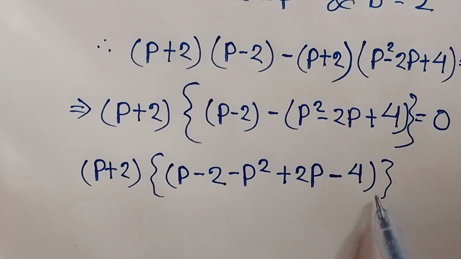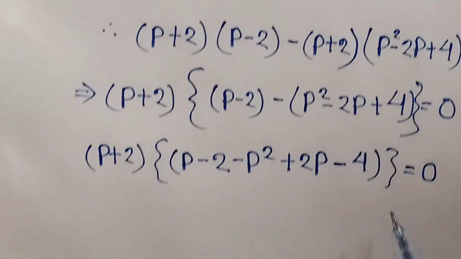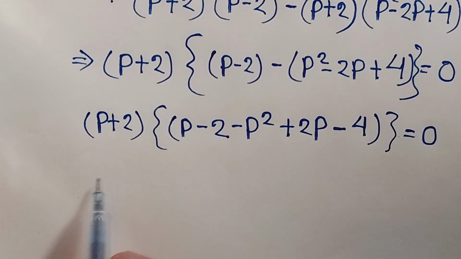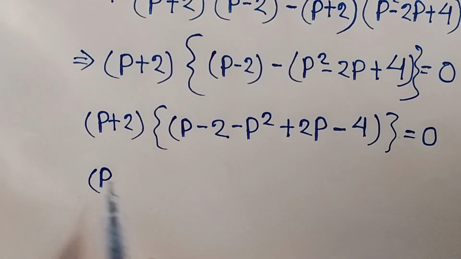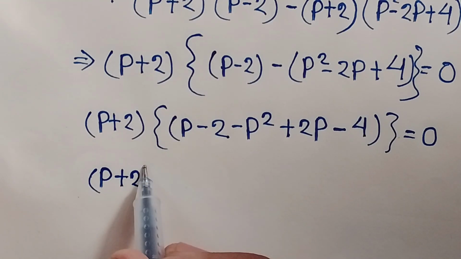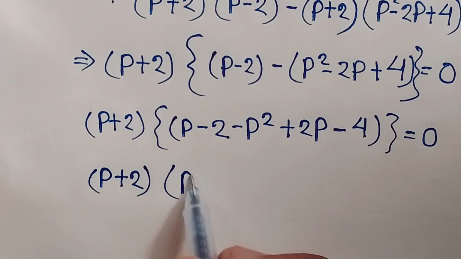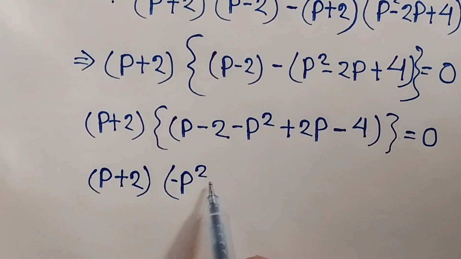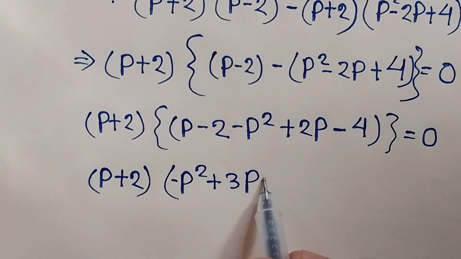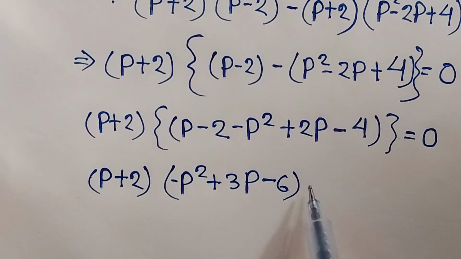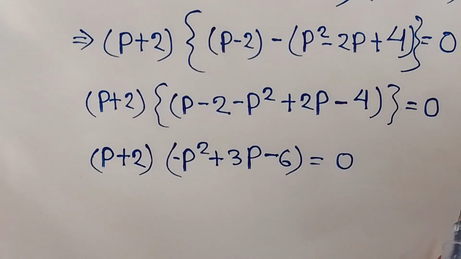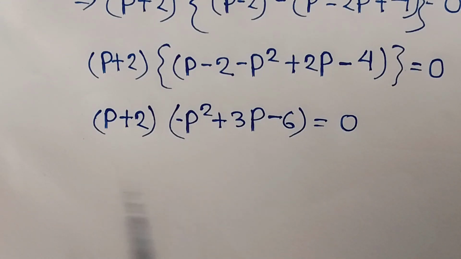So after simplifying this equation, we can get the final will be p plus 2 bracket minus p square plus p and p will be 3p, and this plus and minus 4 and 2 will be minus 6 equal to 0.